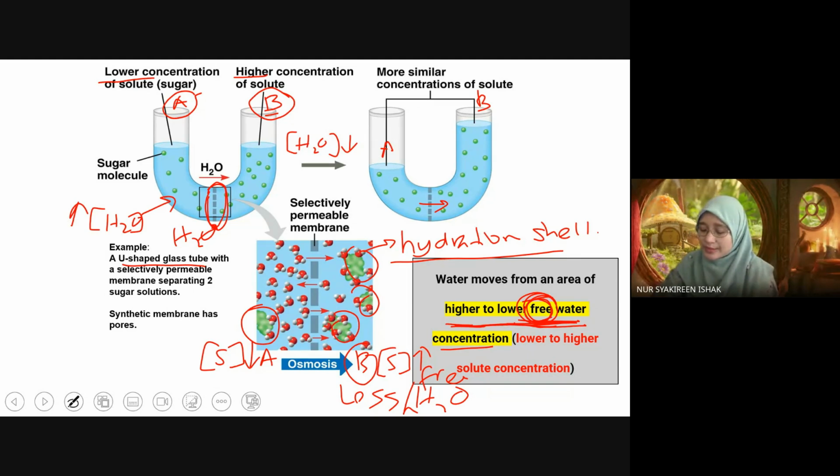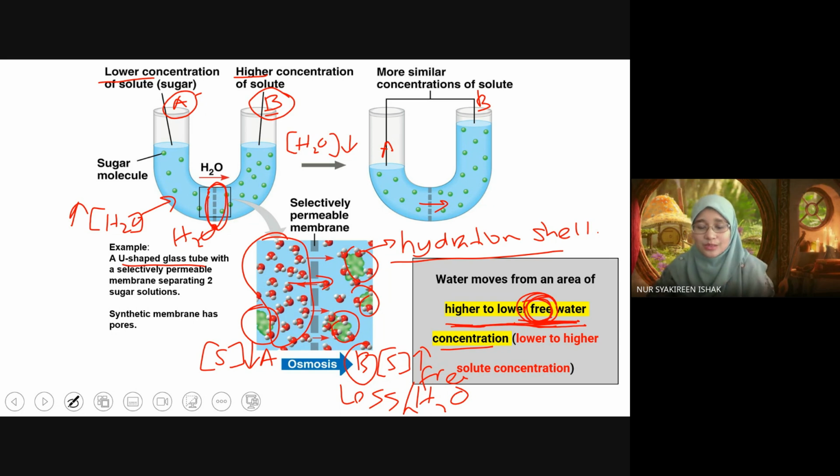Okay, so on this side here, because there are fewer solutes, there will be more water molecules. Water molecules will move from a region of higher free water molecules to a region of lower free water molecules. So vice versa, how do I explain it?